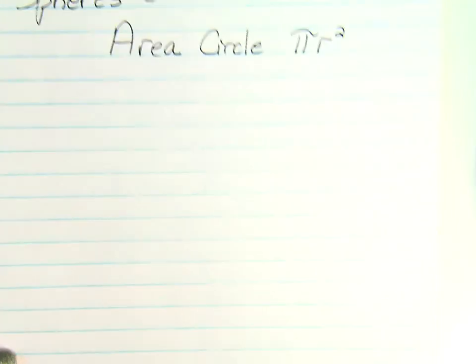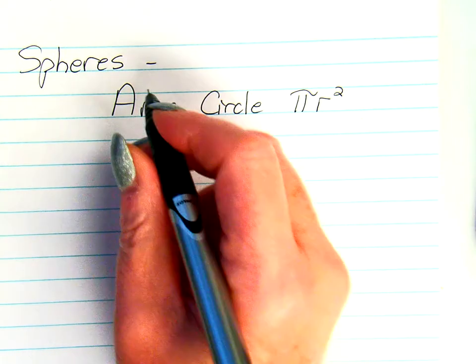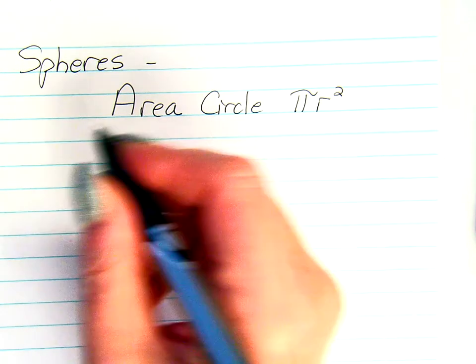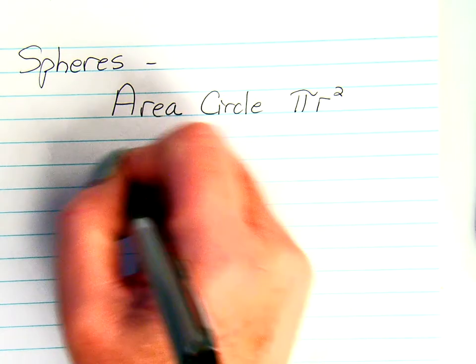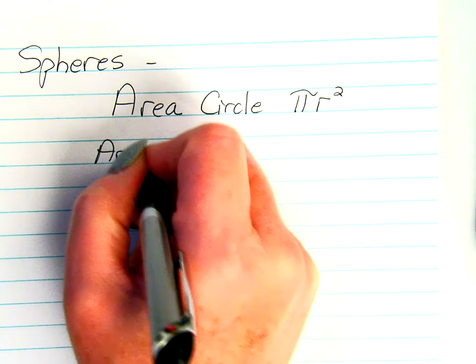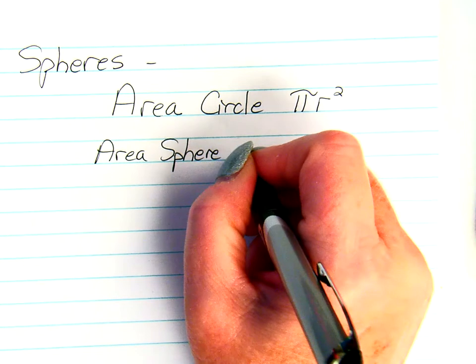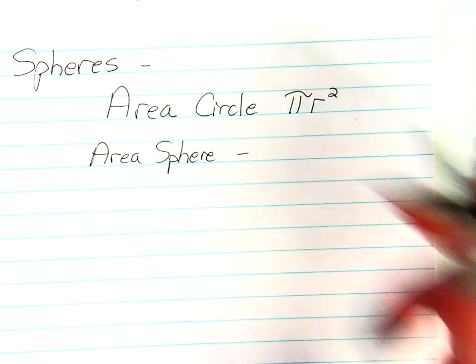When we do the area of a sphere, we're breaking it up into 4 parts, and we've got to cube our unit.